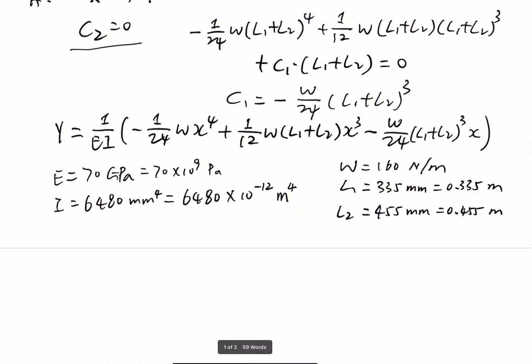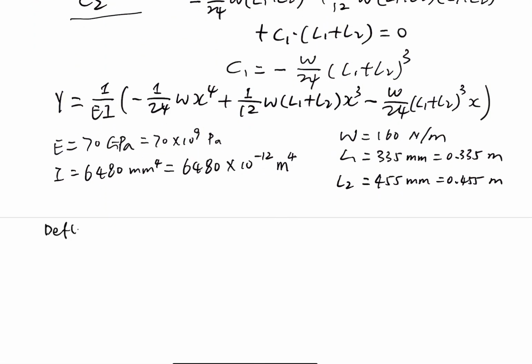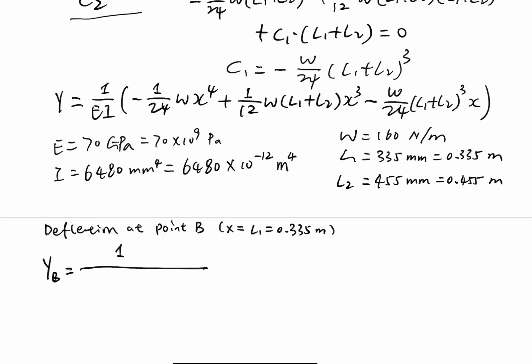Then we can evaluate the deflection at point B. Point B is x equal to L1 equal to 0.335 meter. We have yB equal to 1 over EI, where E is 70 times 10 to the 9th power and I is 6,480 times 10 to the negative 12.